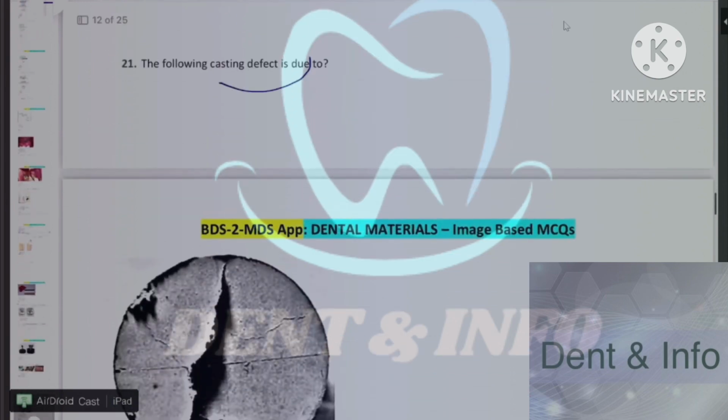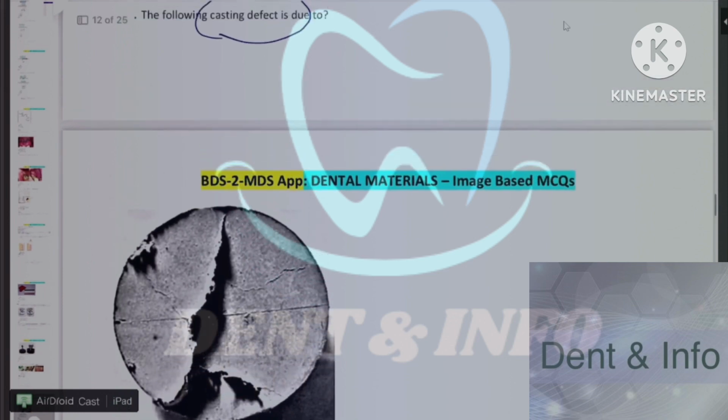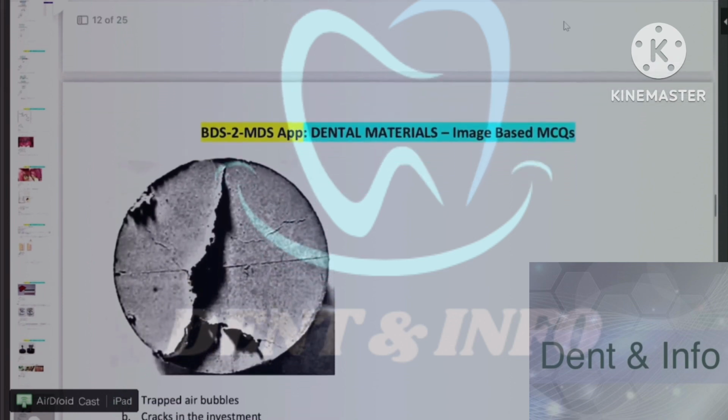Following casting defect is due to. Answer this. Question number 21. This casting defect is due to what?